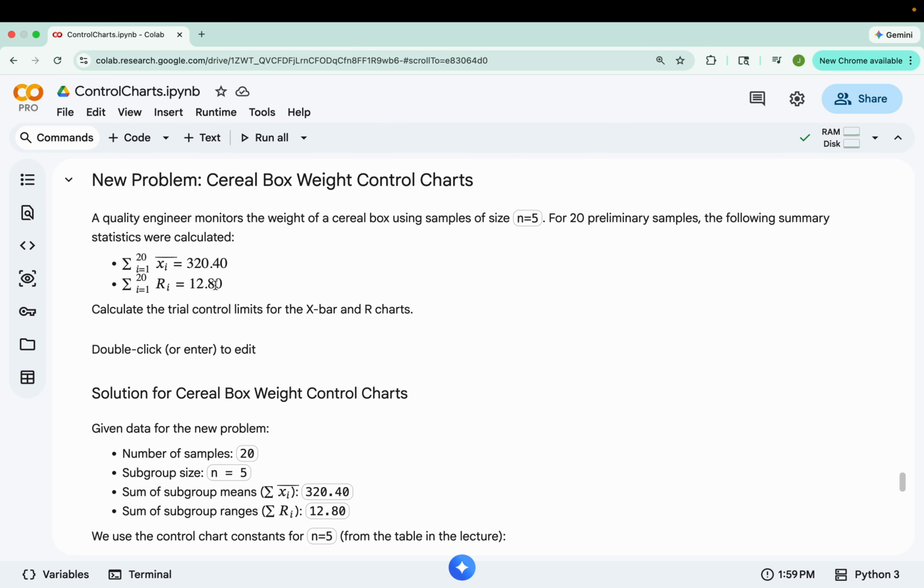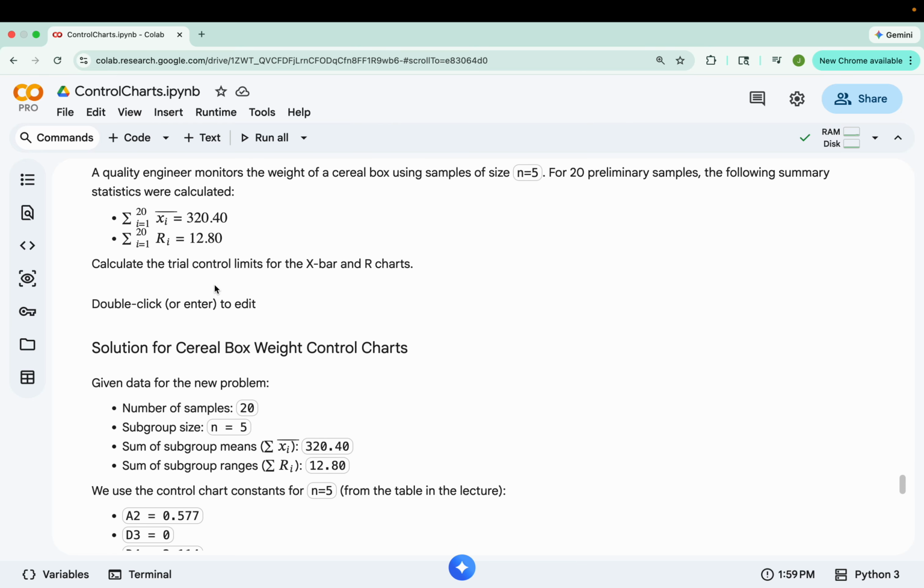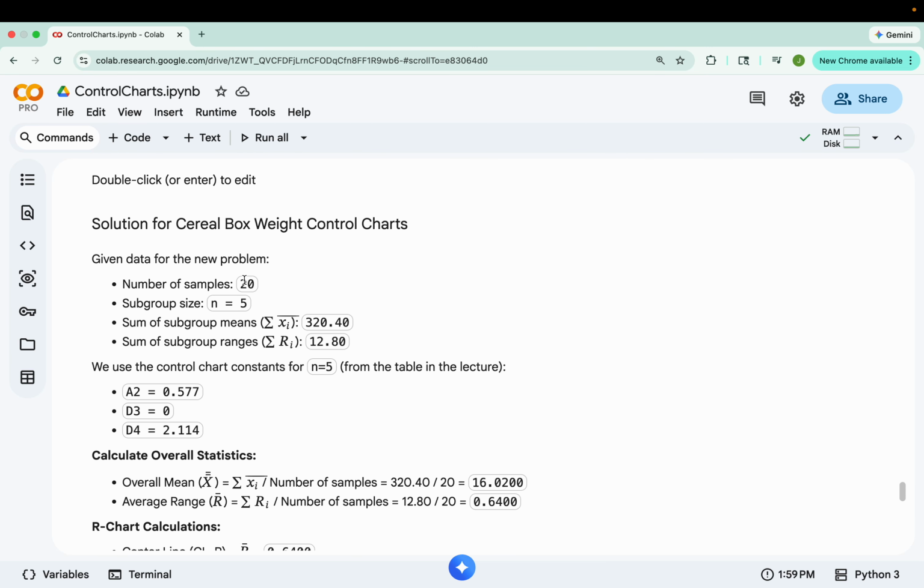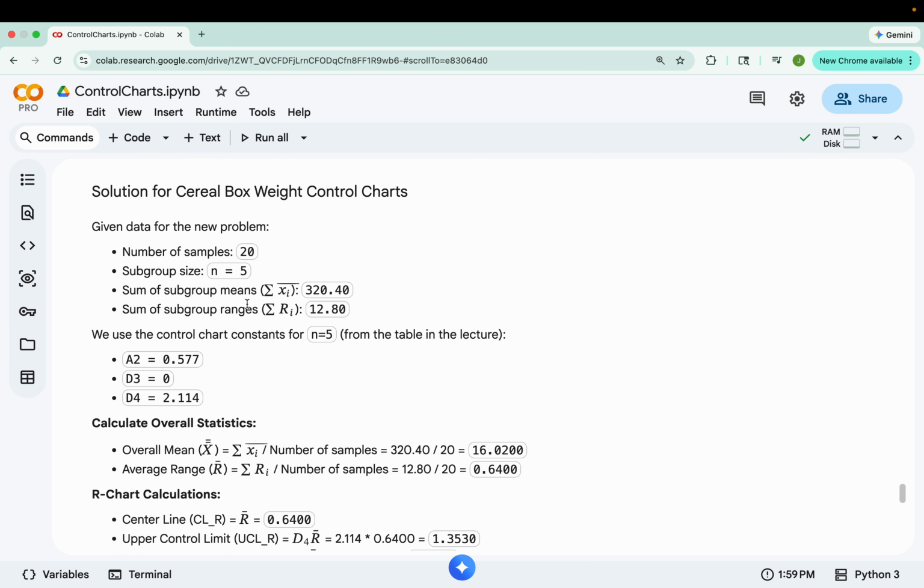We want to use this information to calculate the control limits for the X bar and R charts. Okay, so here the number of samples is 20. Each sample has a subgroup size, or a sample size, of 5. The sum of the subgroup means is 320.